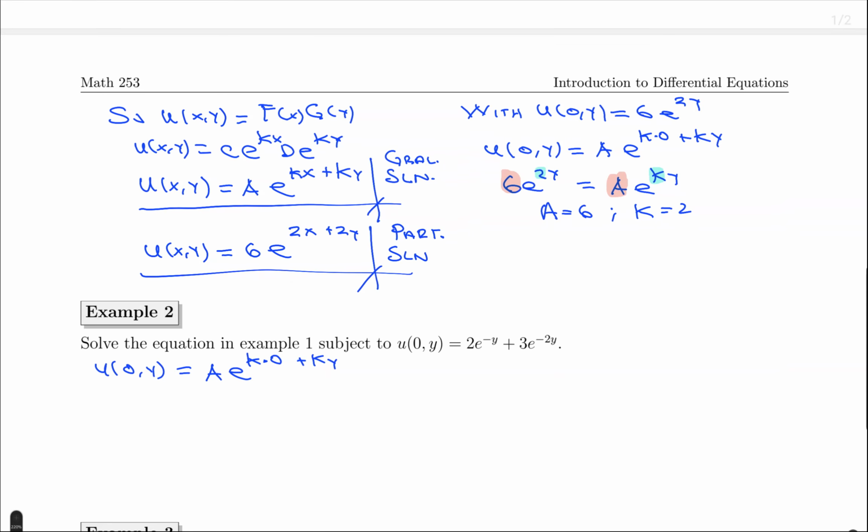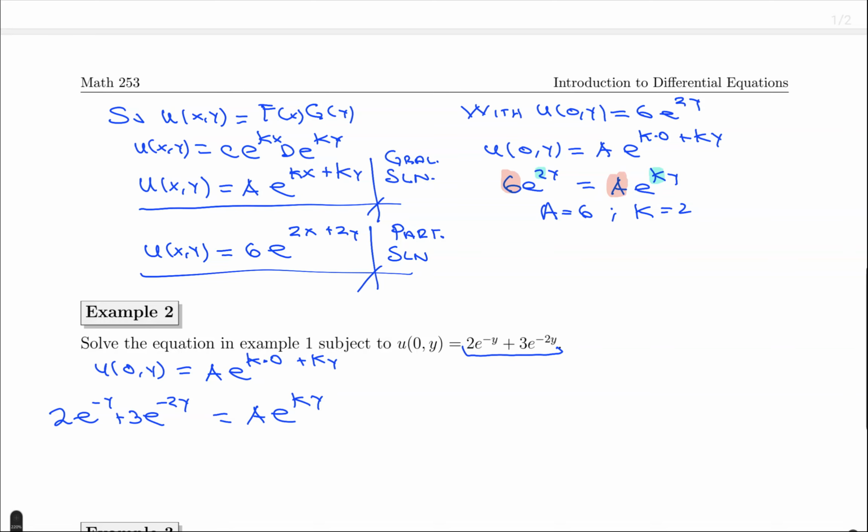So that's going to leave us with A e^(ky) in a similar way equals u(0, y). But notice in this case, this one has two different terms, right? That is 2e^(-y) + 3e^(-2y).